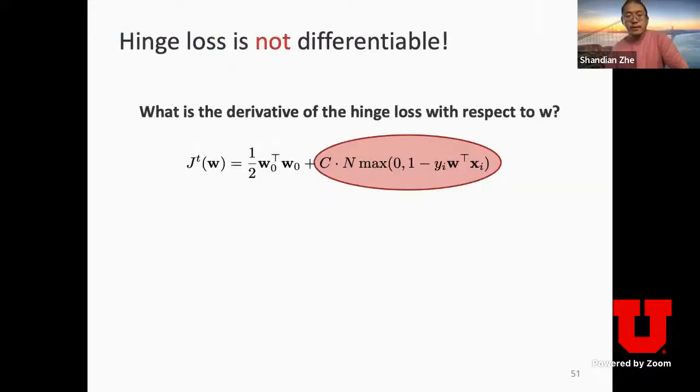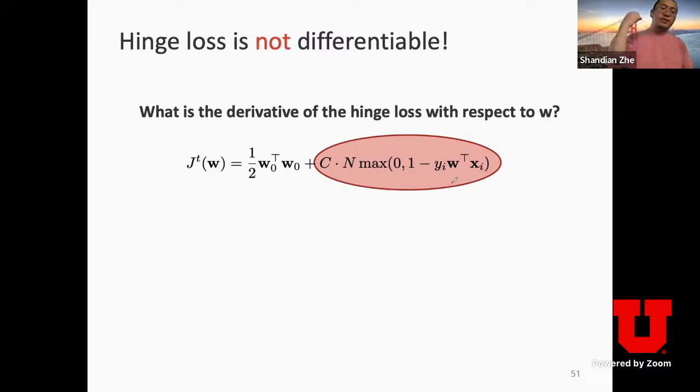If we take a look at the hinge loss itself in a clearer way, what's the derivative of the hinge loss with respect to W? So here comes the problem: the true gradient doesn't exist. So let us come up with some kind of substitute, which also guarantees the descent of the function and guarantees convergence.